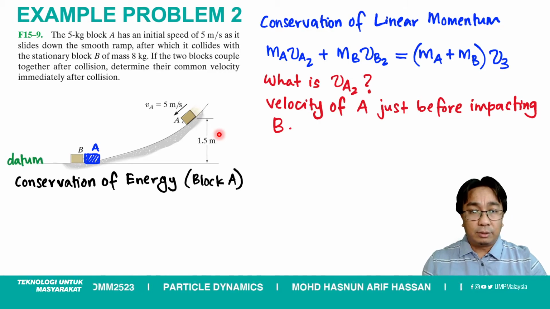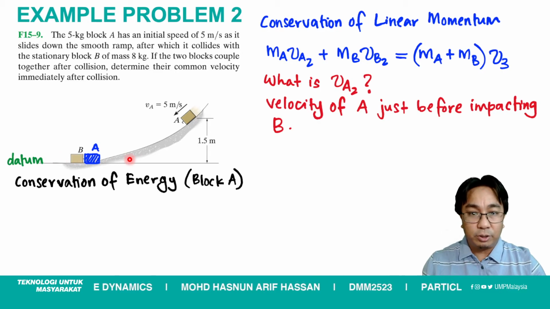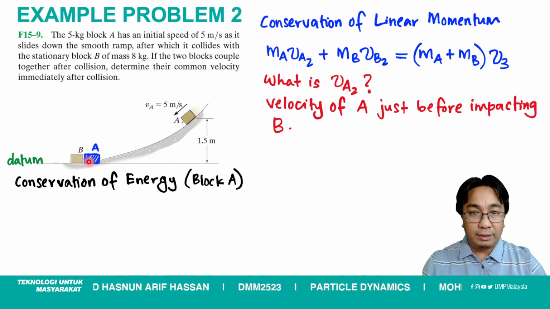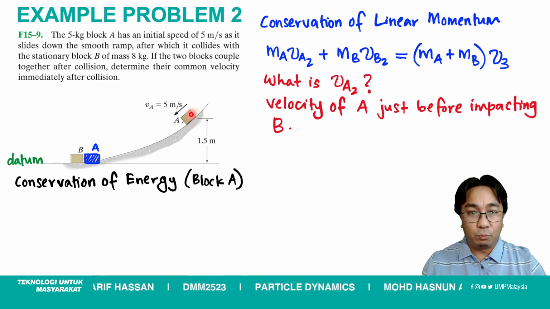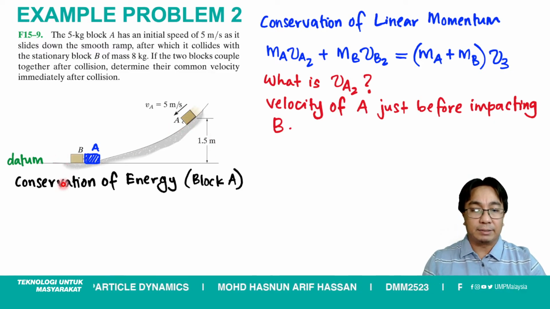So to calculate this, we will set this bottom line here as the datum. So basically block A will travel from 1.5 meters above the datum going down and impacts B.